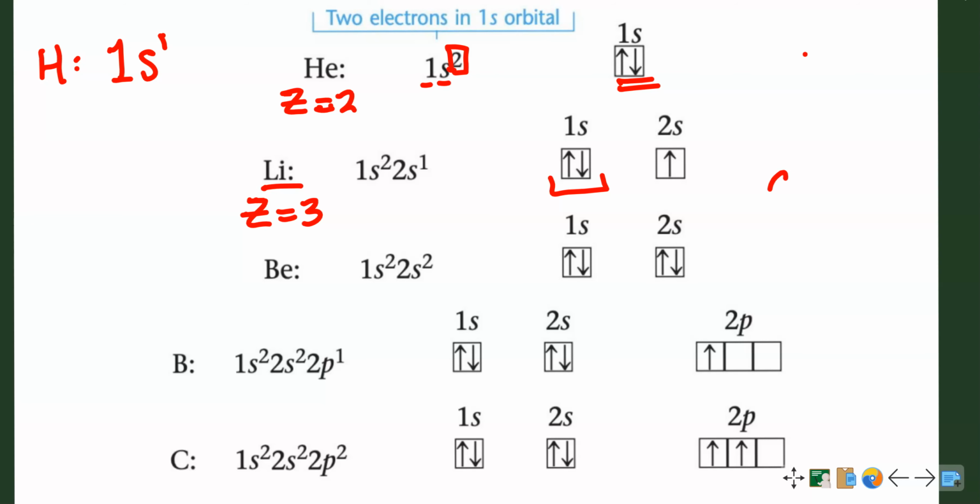So we have that 1s that's got 2 electrons in it. Now we need to go up to the 2s, which is slightly bigger, and that's where that other electron goes. So it goes up to the 2s level and fills up. And this is according to the Aufbau principle.